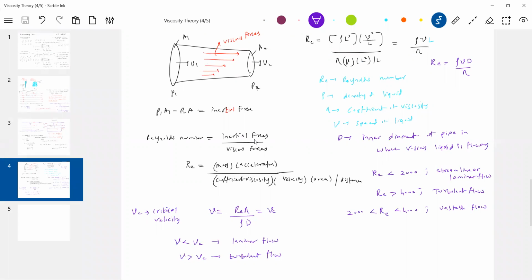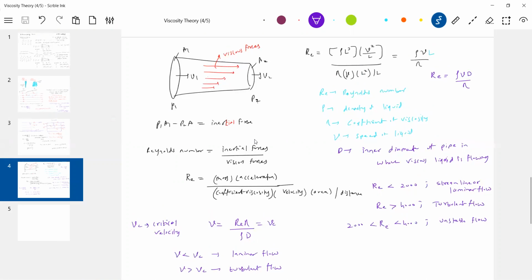The ratio of these will determine the flow. If the Reynolds number is higher, meaning the inertial force dominates over the viscous force, it becomes turbulent. Clear?